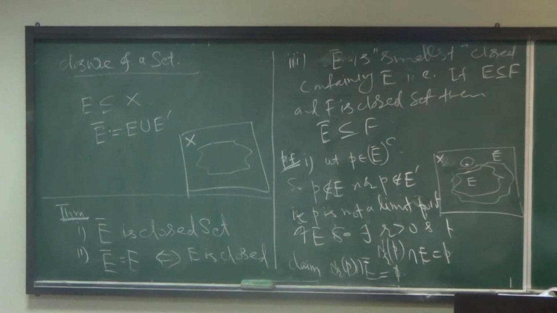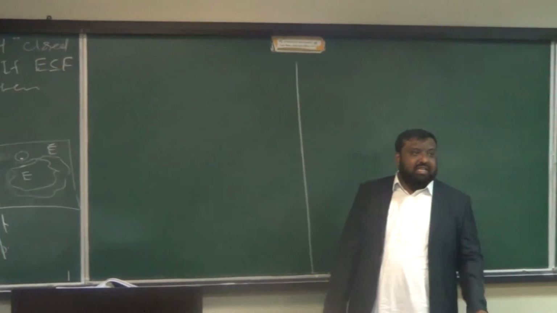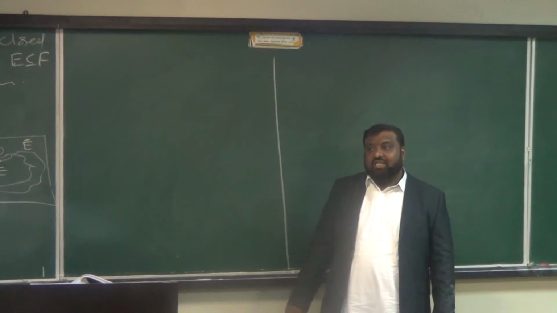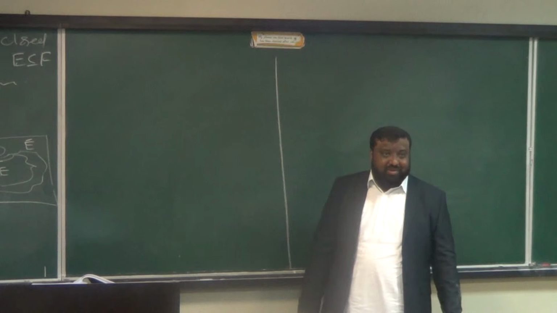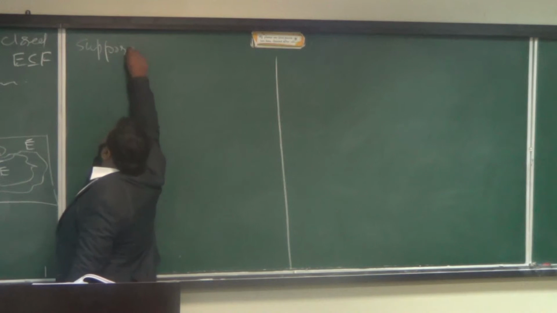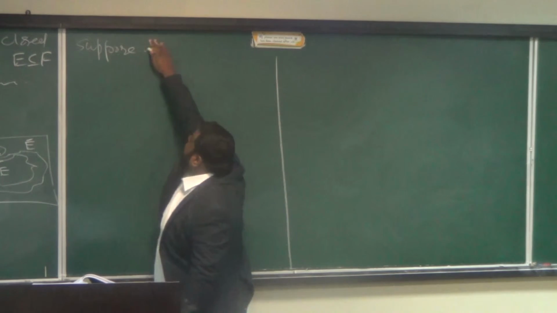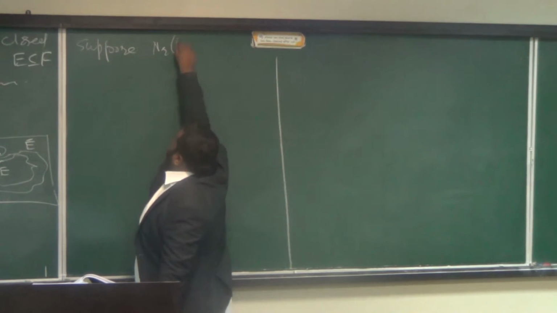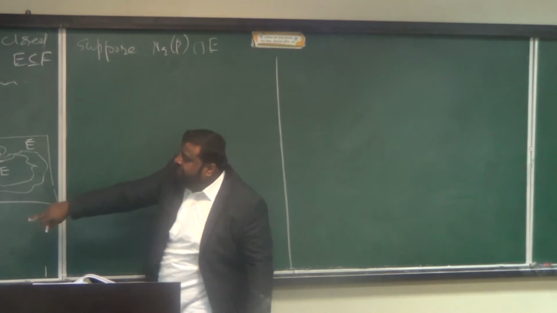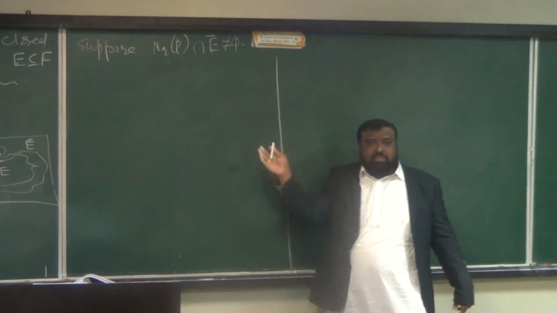One way would be to suppose the opposite. Suppose there is an element in the intersection of both. We're going to show that that element is going to be something very troublemaking. So suppose not. Suppose that this neighborhood around P is not meeting with E, but it meets with E closure.